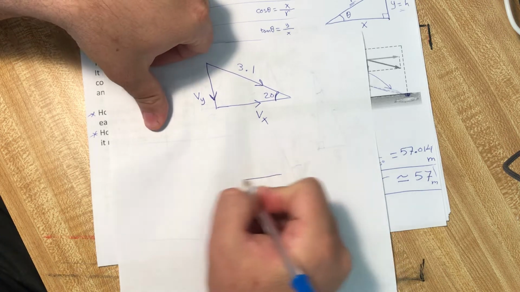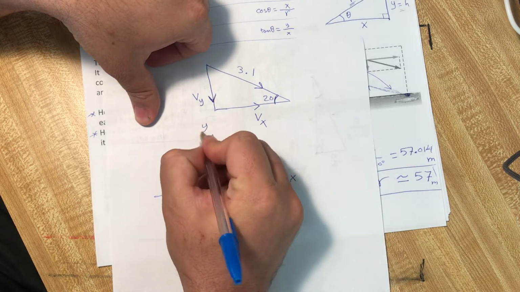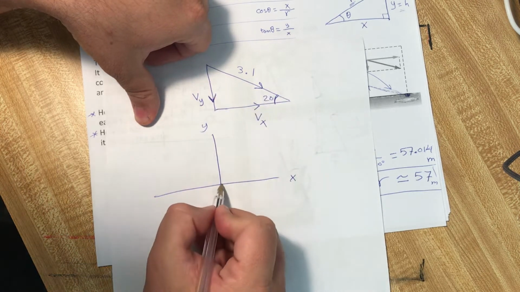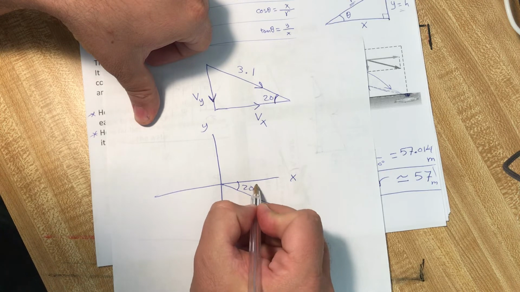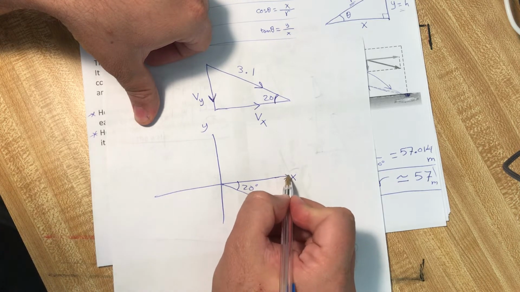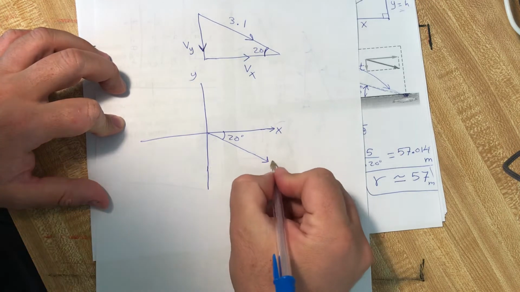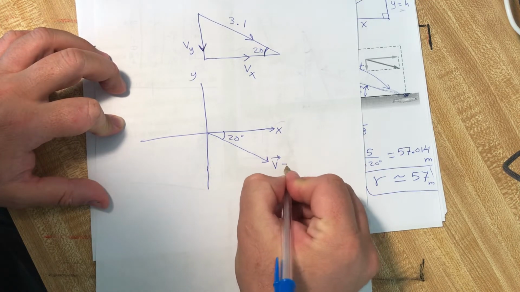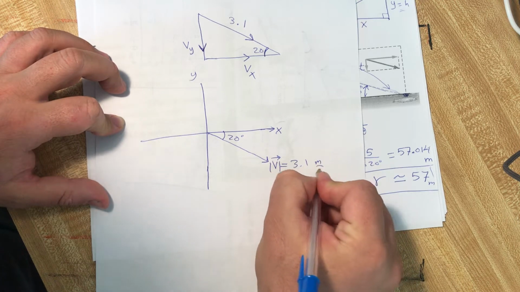I need to draw the xy plane. This is x and this is y, and this is the velocity. It is 20 degrees below the horizontal x-axis. Okay, this is the velocity, which is equal to its magnitude, 3.1 meters per second.